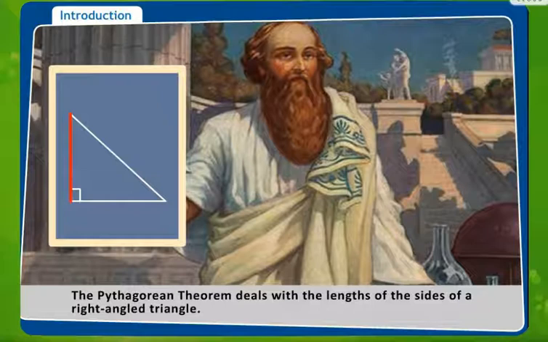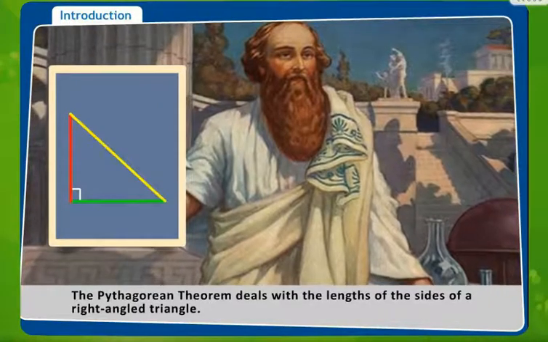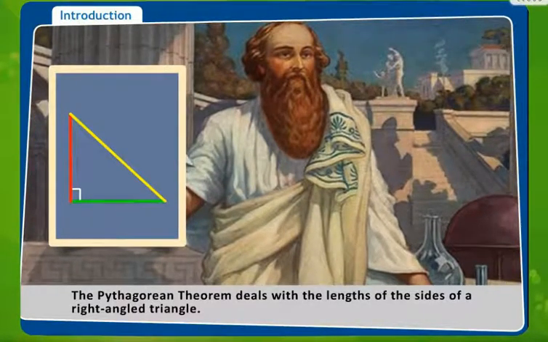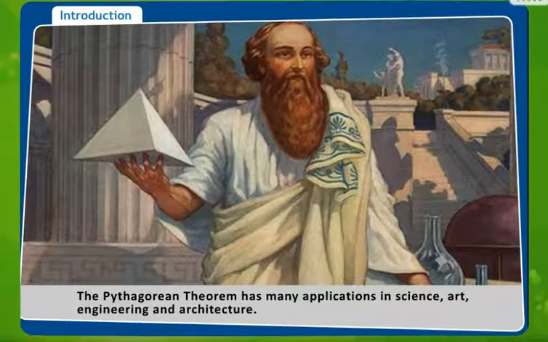Hence today what we are going to study is about Pythagoras theorem, which is entirely and purely based on the right angled triangle. Before going to Pythagoras theorem, we should clear the concept of right angled triangle. A right angled triangle has a right angle, and the side opposite to the right angle is called the hypotenuse.